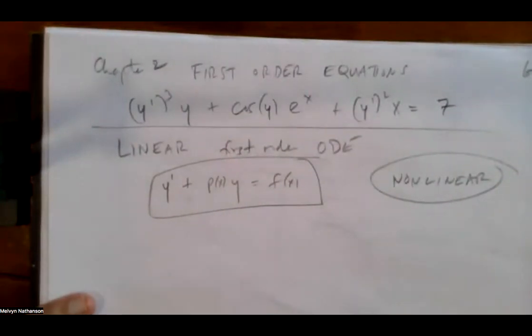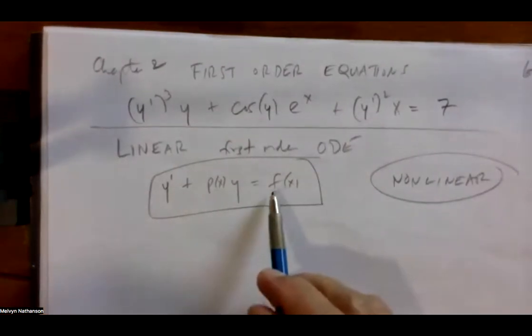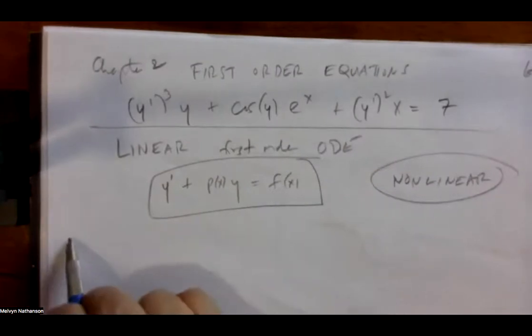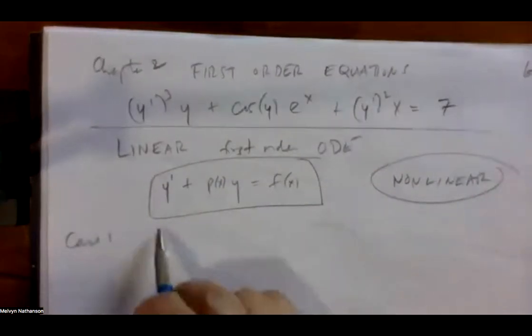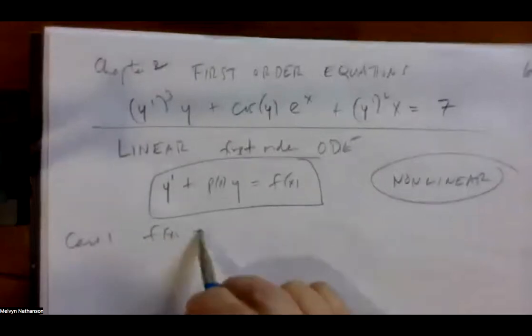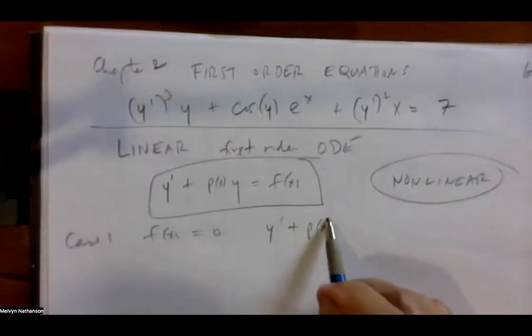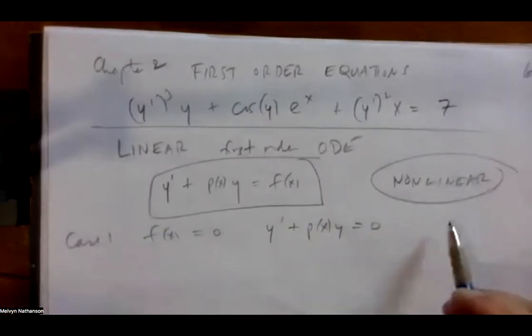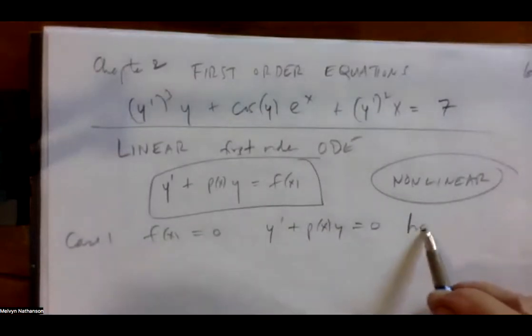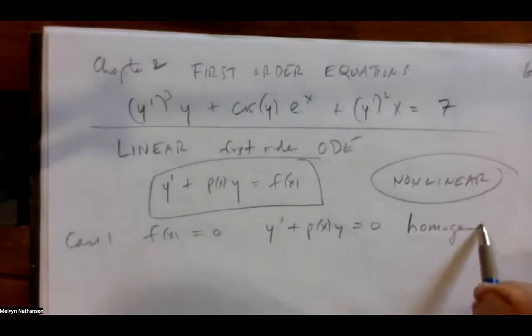And linear equations, we can always figure out some way to solve. Even linear equations, we divide into two cases. In the first case, this right-hand side is 0. So the equation is just y prime plus p of x y equals 0. And this kind of equation is called homogeneous.